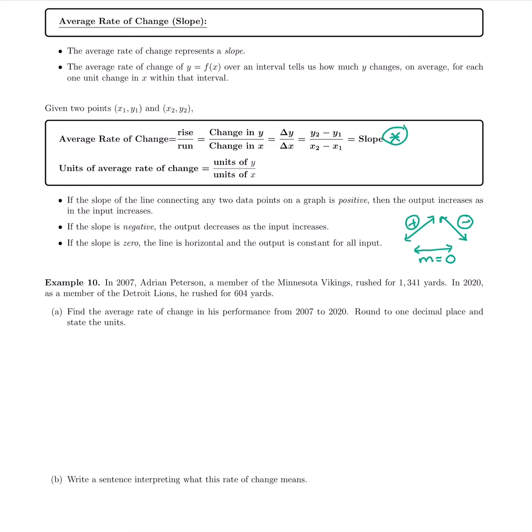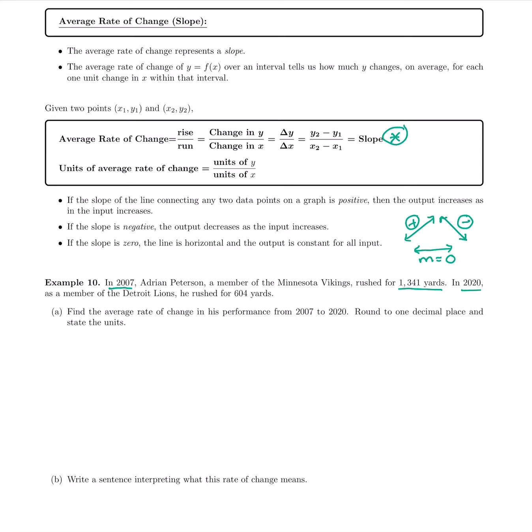So looking at an example of this, in 2007, Adrian Peterson, a member of the Minnesota Vikings, rushed for 1,341 yards. So I'm going to stop after that first sentence. I'm given 2 numbers: 2007, the year, and then how many yards he rushed for. The next sentence says, in 2020, as a member of the Detroit Lions, he rushed for 604 yards.